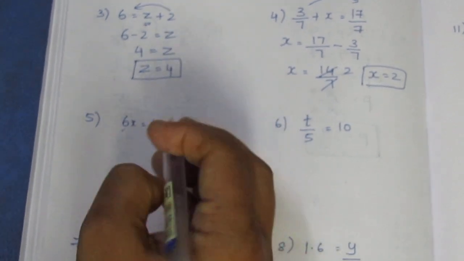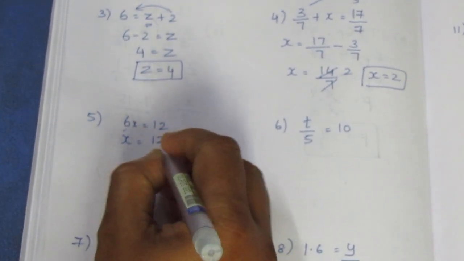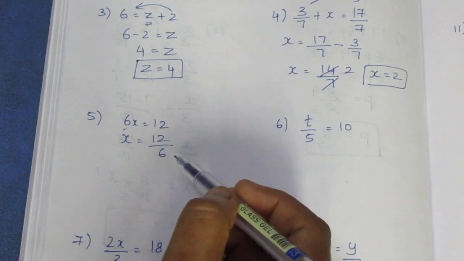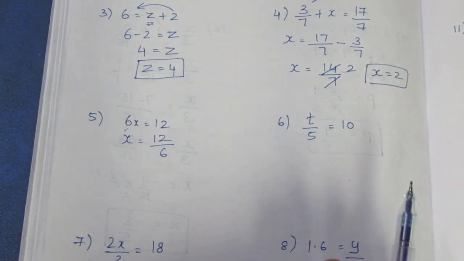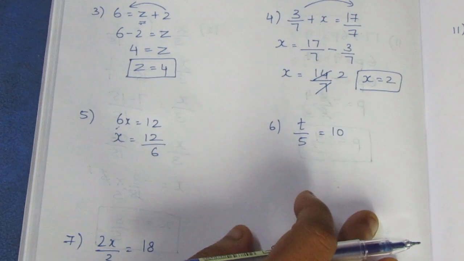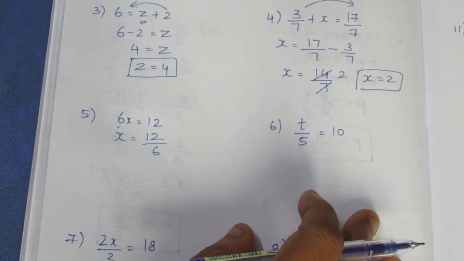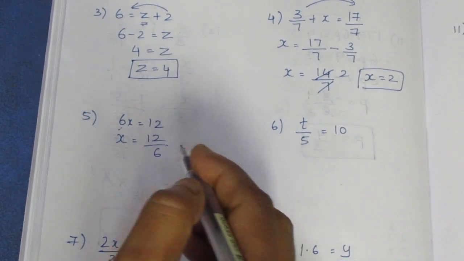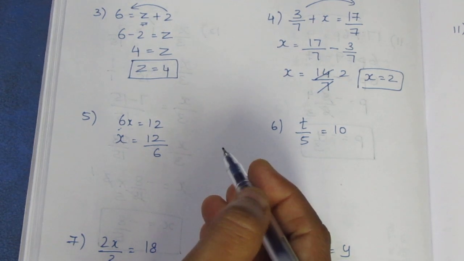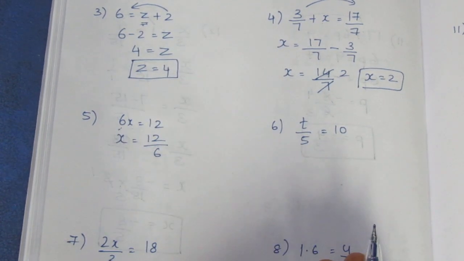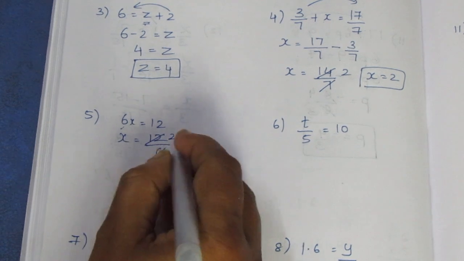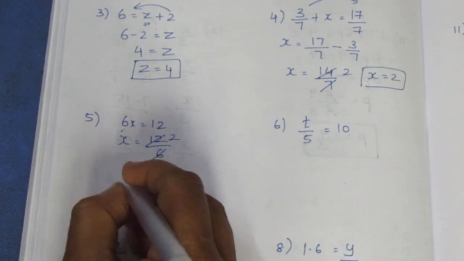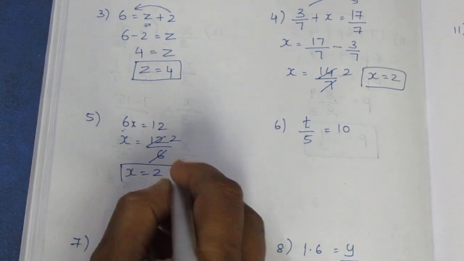So 6 will go as a divide. Here when 6 goes as a divide or a multiply, we should not change the sign. Only in addition and subtraction we need to change the sign. There is no change in the sign. Just bring it in divide. Now we can cancel. It goes in 6 tables. So x is equal to 2.